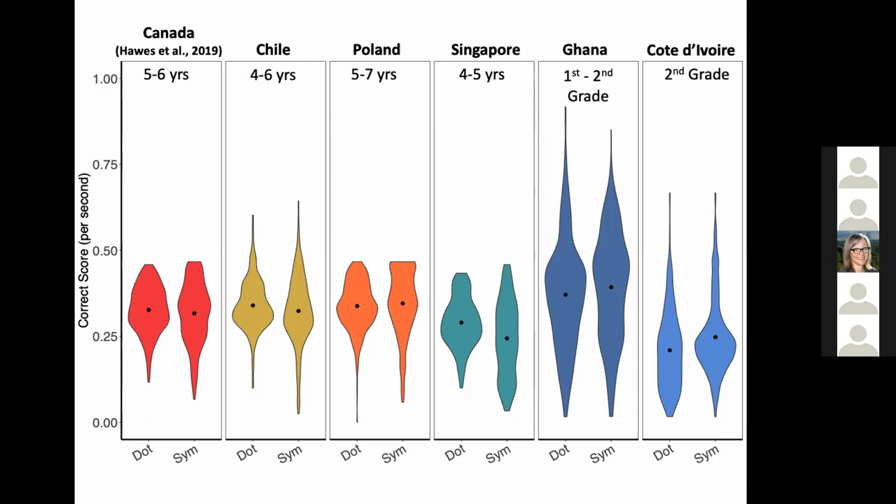We had a combination of both speeded and non-speeded math tasks. And we still get the non-symbolic link regardless of whether it's speeded or non-speeded, even if we control for executive functioning, literacy, and social-emotional skills.